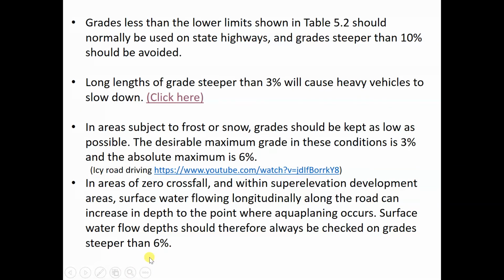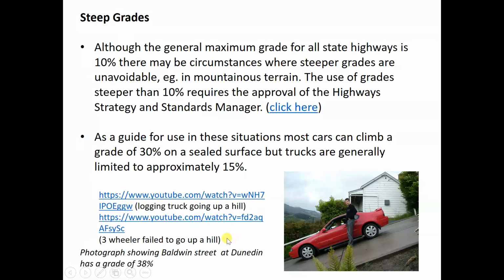If it's very steep, the water can be quite fast as well. So certain parts of the road could have a water film that is quite deep. So we need to check for aquaplaning as well. So much water going downhill, we need to make sure that we check for drainage.